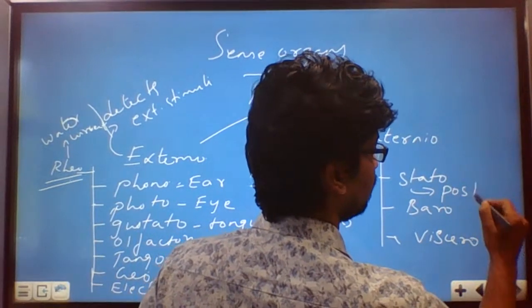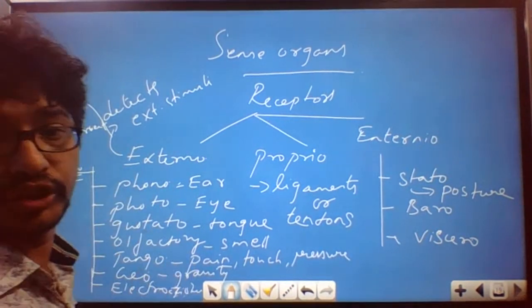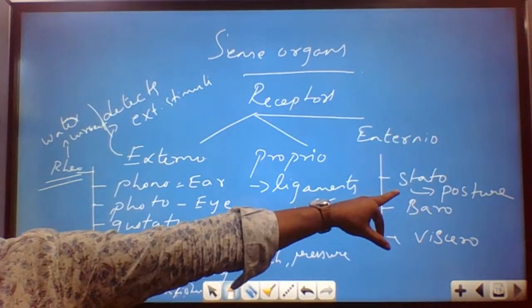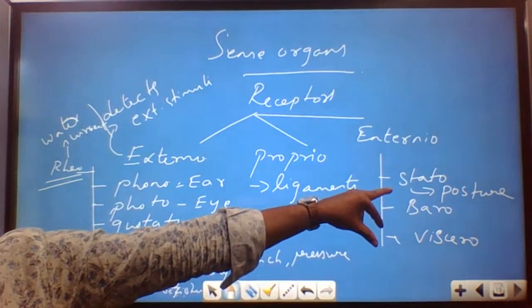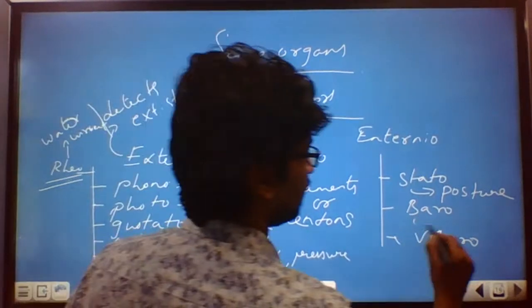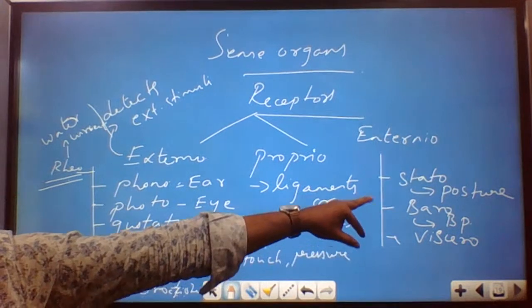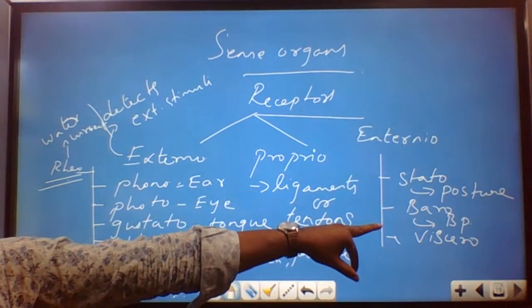This maintains your equilibrium and your posture, how you stand erect. This is because of the statoreceptors. Baro, the word tells you, is for pressure, especially blood pressure, BP. So these are the baroreceptors and visceroreceptors.